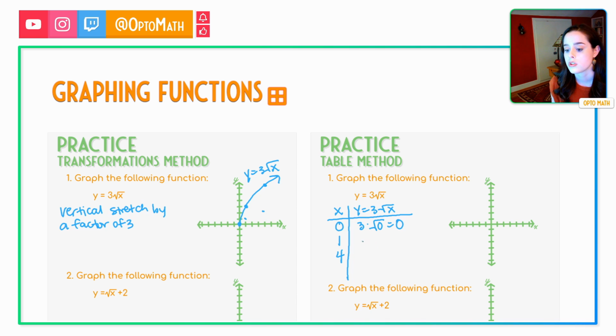Okay? So now we've got 3 times the square root of 1, which is the same thing as 3 times 1, which is 3. And 3 times the square root of 4, which is the same thing as 3 times 2, which is 6. So here are our points: 0, 0, 1, 3, and 4, 6. So it's the same graph, and it should be because it's the same problem, just 2 different methods.